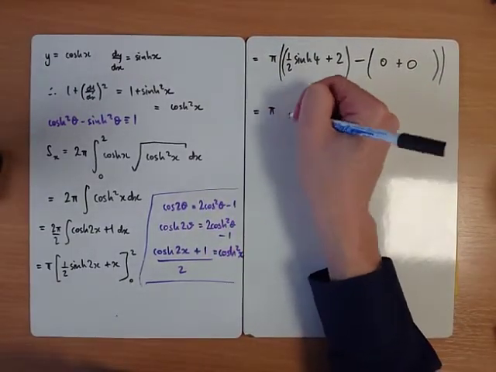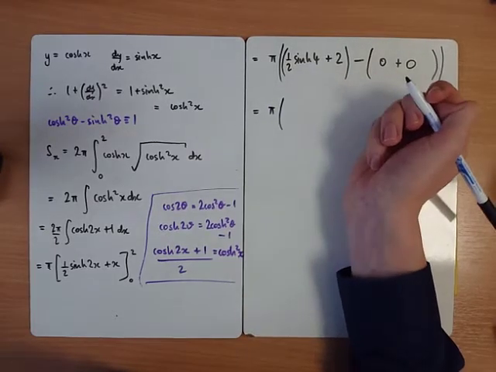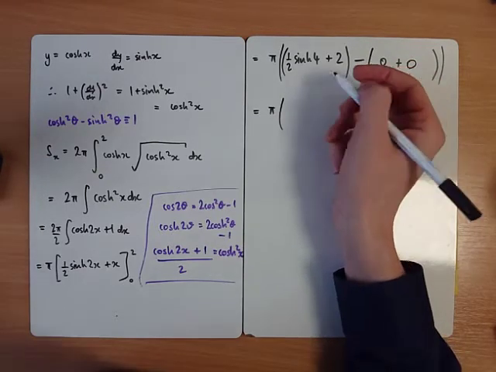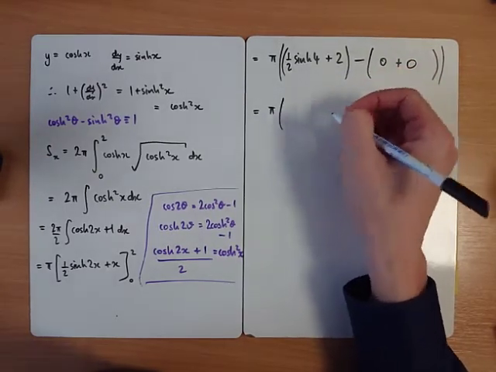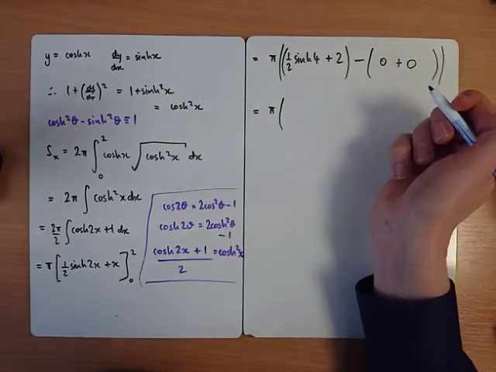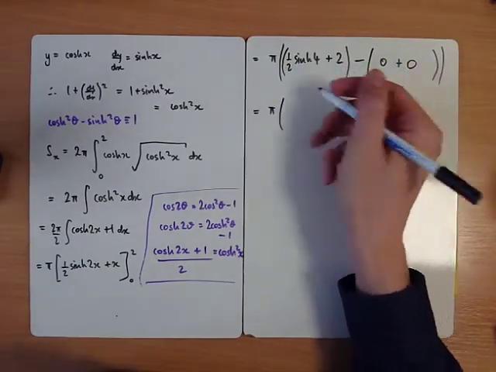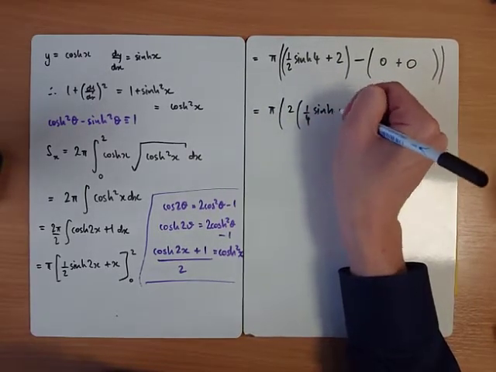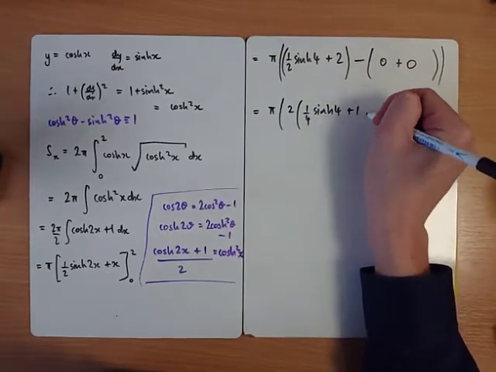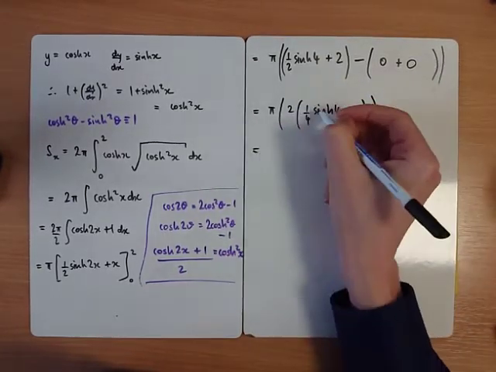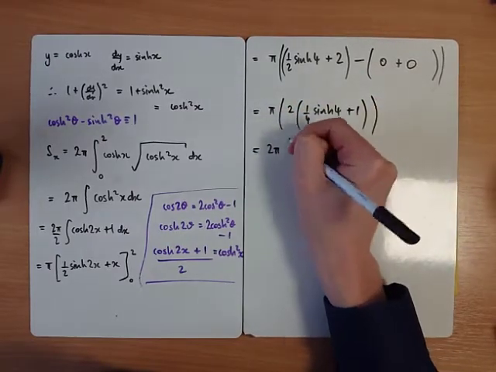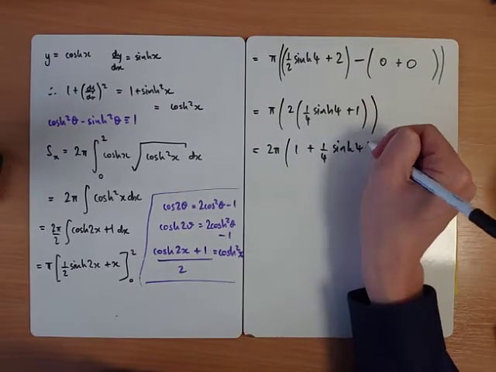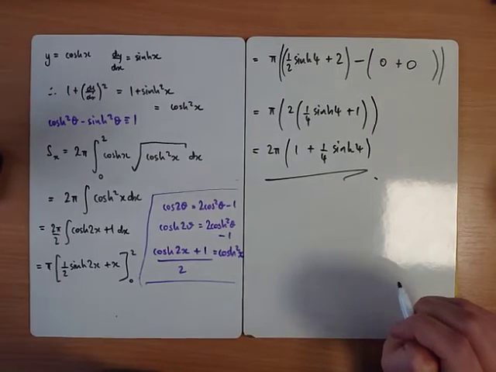So think about this as, if we wanted to multiply by 2, we'd be taking the 2 outside of this bracket. I don't know why they've actually done that. So you can think about this as 2 lots of a quarter sinh of 4 plus 1. So then that 2 could come outside and it'd be 2 pi times 1 plus a quarter sinh 4.